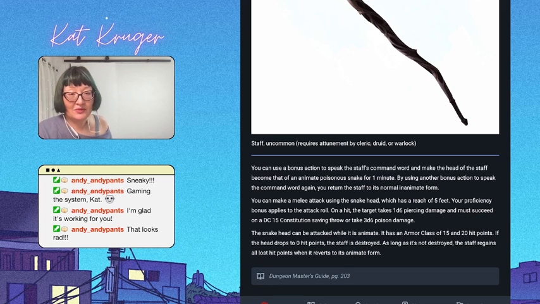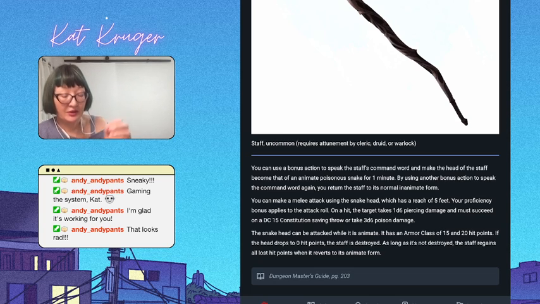Now, with sentient magic items, I know that there are also rules around that, and I'm just going to see if I can find that also in D&D Beyond. Here we go.